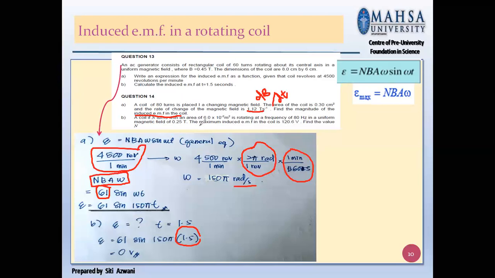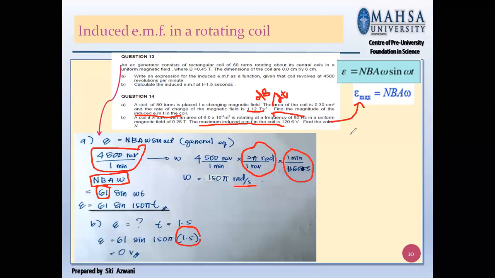You want to calculate the number of turns here, but you are given the value of the EMF at the maximum. So here you need to use this formula. You have your frequency value.